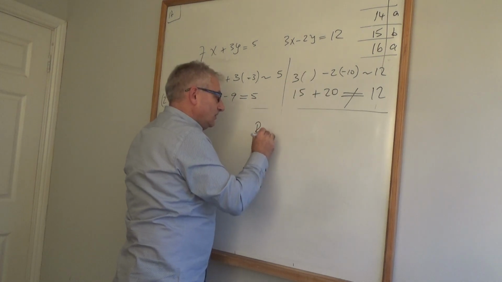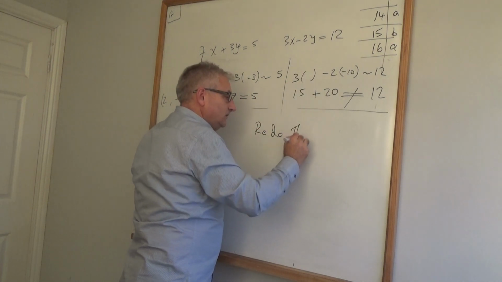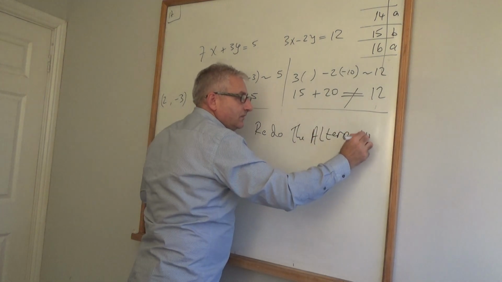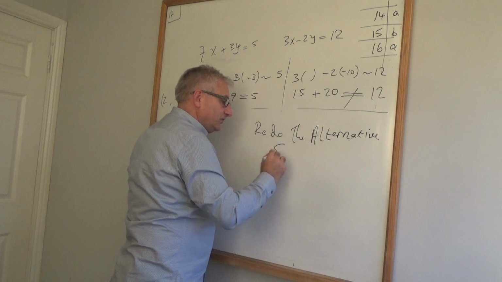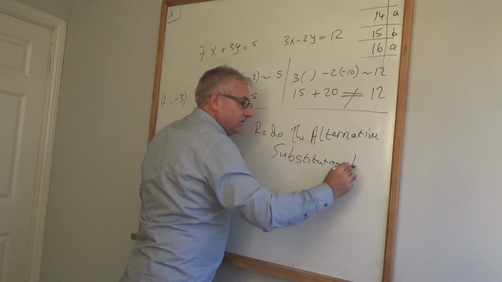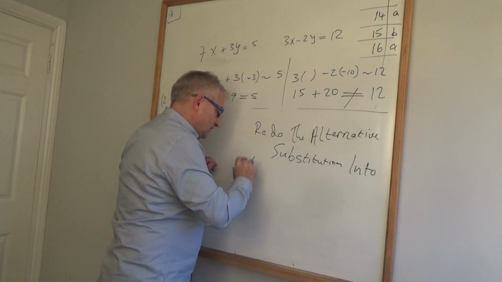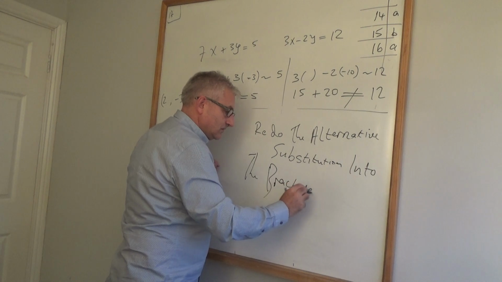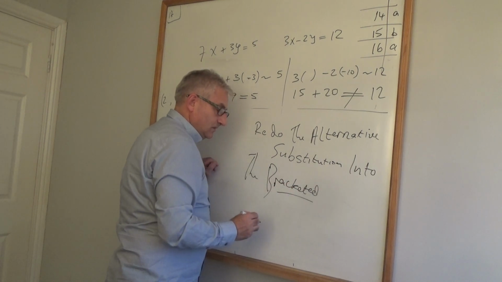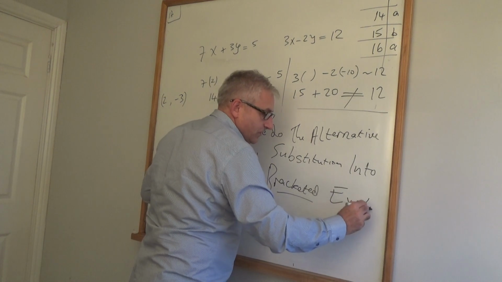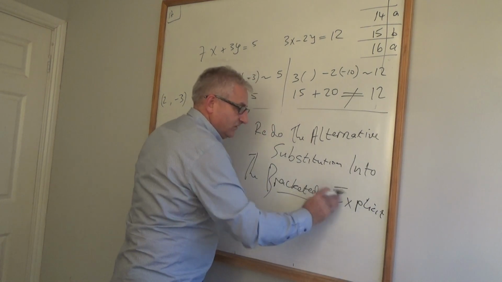Redo the alternative, another option, alternative substitution into the bracketed, if you want explicit, but I wouldn't normally say that word. It wouldn't be necessary there, so let's take it up.